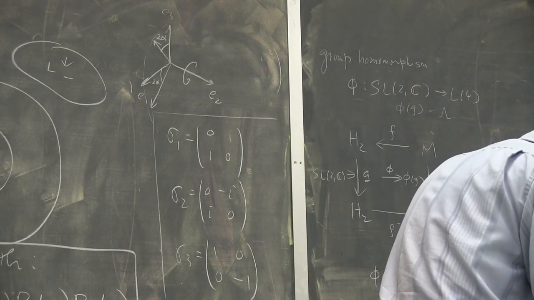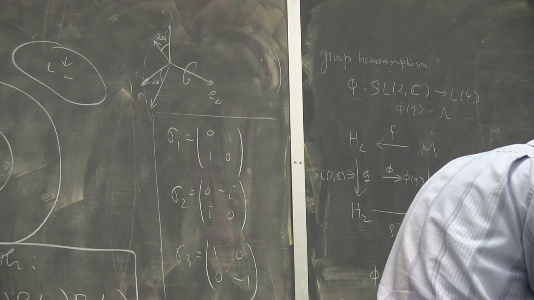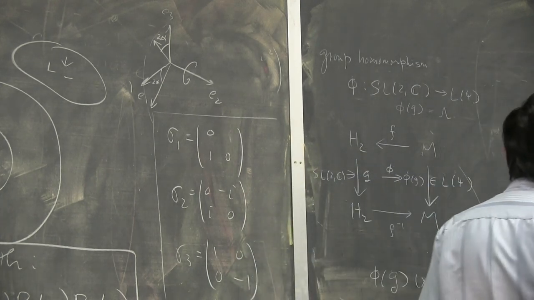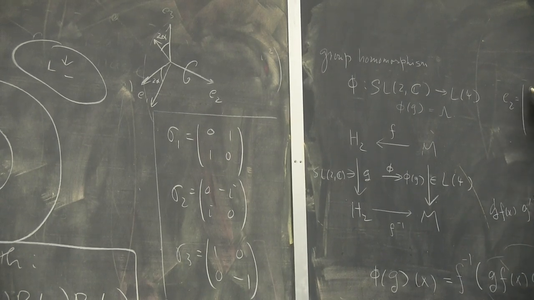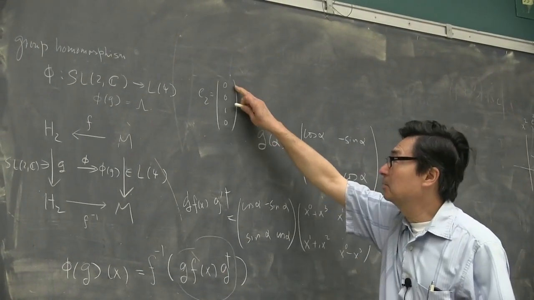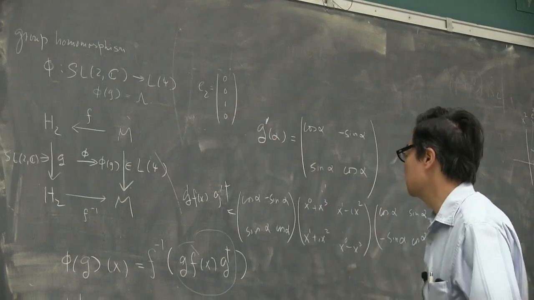So first of all, let us apply this to E2. If you apply this to E2 now, what is E2 in here? E2 is the unit vector about the second axis, so it means x0 is 0, x1 is 0, x2 is 1, and x3 is equal to 0.